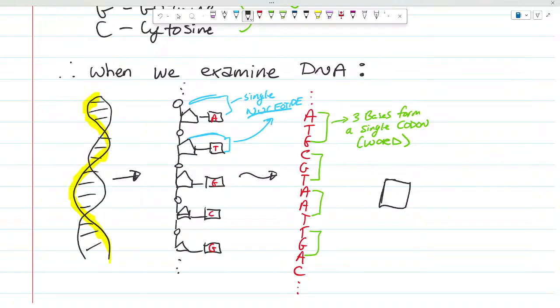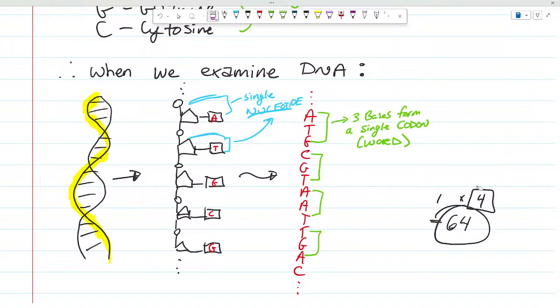Not 3. It could be an A, a T, a G, or a C. So the first letter, you have 4 choices. Then when you go to make the second letter, how many choices do you have? 4. Then the third letter, how many choices? 4. For a total number of combinations, that is 4 times 4 is? 16. Times 4 is? 64. Good. So there's 64 possible words.